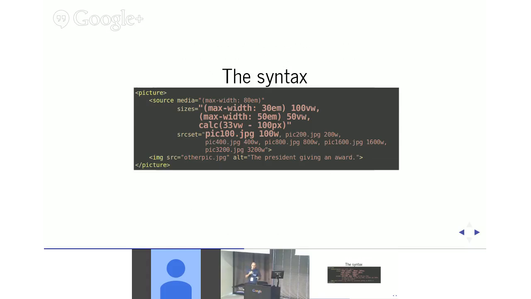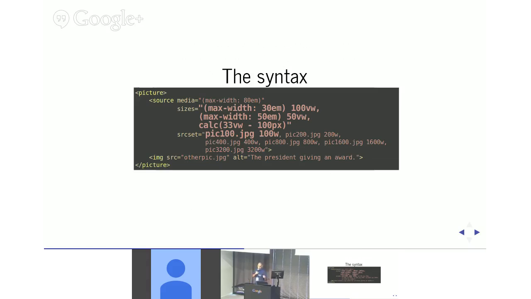The spec is also flexible enough to let the browser decide, for example, if the bandwidth conditions are not great, to pick the smallest image and compromise quality for the sake of speed, possibly based on user preference, etc. This is not part of the implementation today, but it's something that can be added later on.